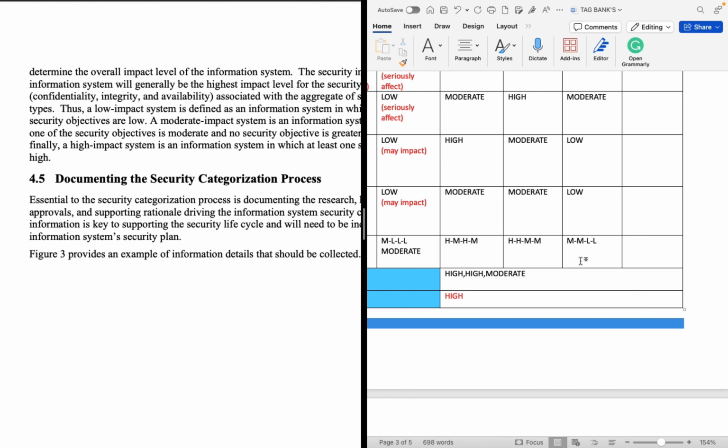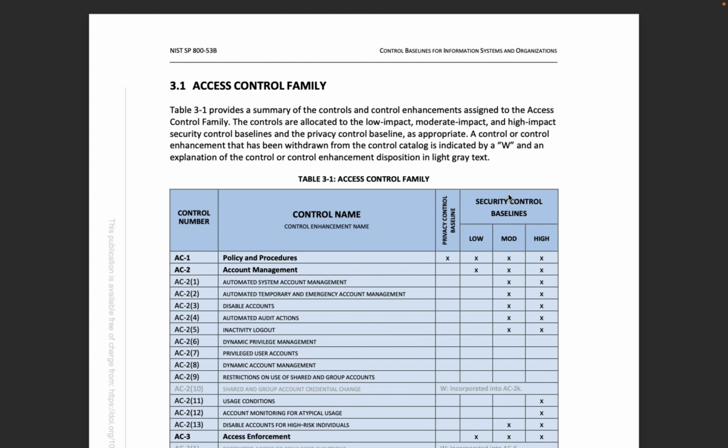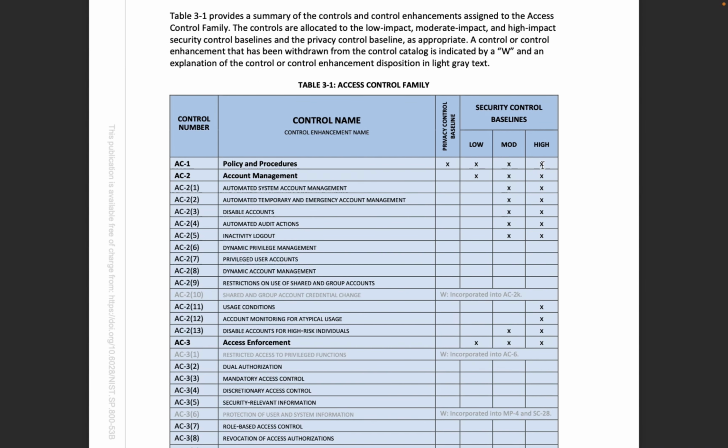And so with this, we'll be able to know what controls to select to protect our information and information systems. Now, finally, the last step is selecting security control baselines based on our high impact system. For these, we have low impact system, moderate impact system, and high impact system. But because our system is a high impact system, we'll be selecting all the controls marked for high impact systems.